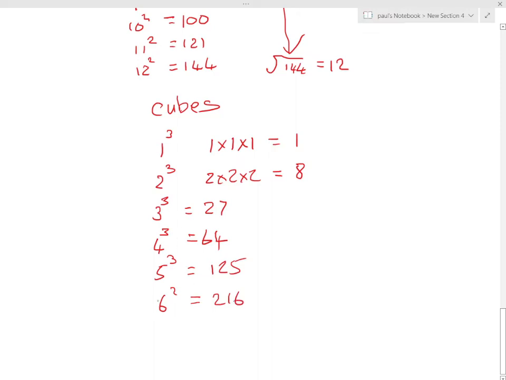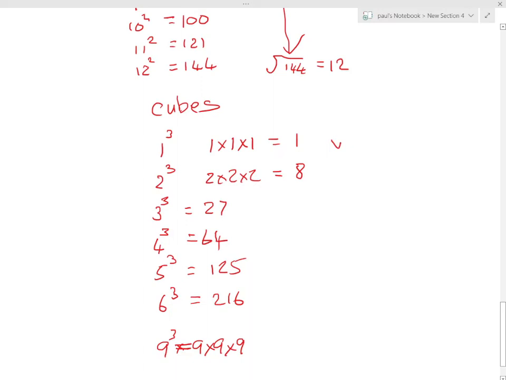That's about as far as you need to remember for cubes. You can work them all out. If you have 9 cubed, I don't know what it is, you just go 9 times 9 times 9. So you can always work them out, it's no problem.